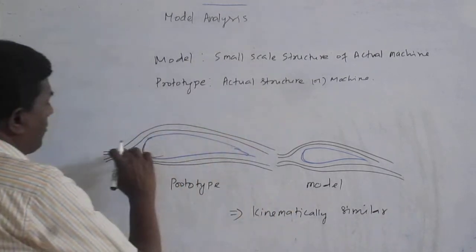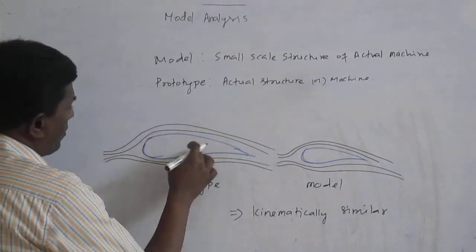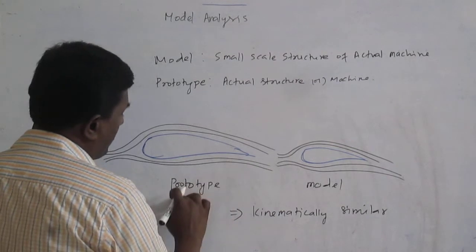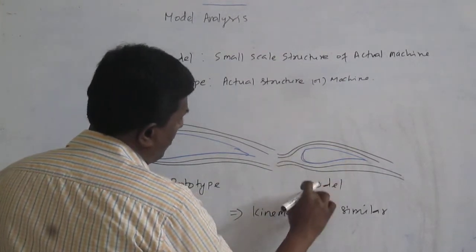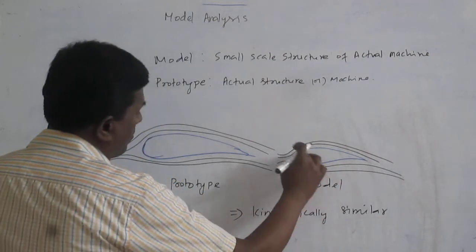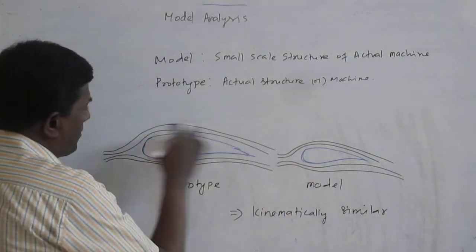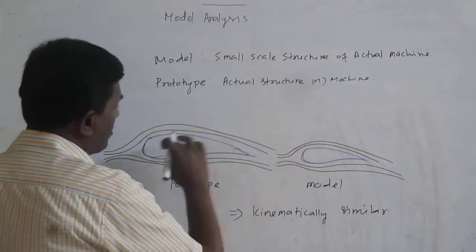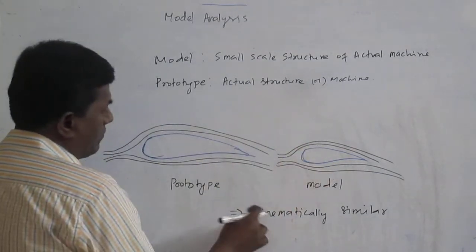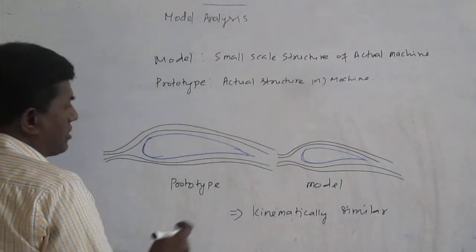When we see the streamlines over the aerofoil in the prototype and also the similar streamlines over the model, so if both have the similar pattern, in the sense similar motions over the prototype and model, then we call it kinematically similar.